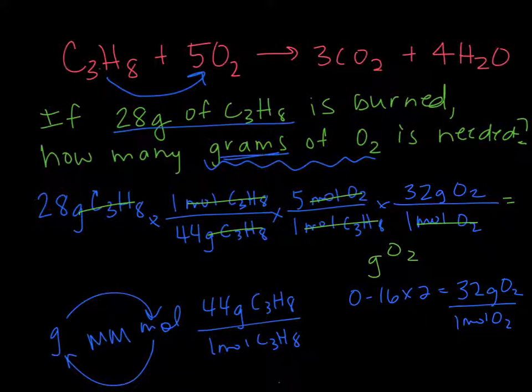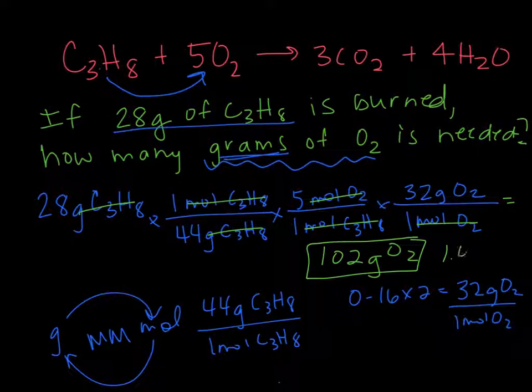So now I can put this in my calculator, and I end up with 102 grams of oxygen. Sig figs would be 1.0 times 10 to the second. Okay, but 102 grams is fine if you're in my class.